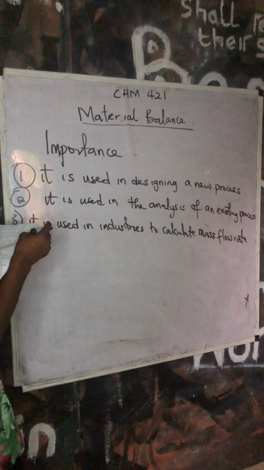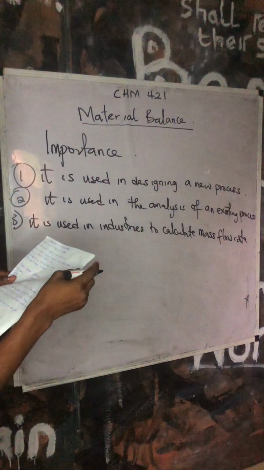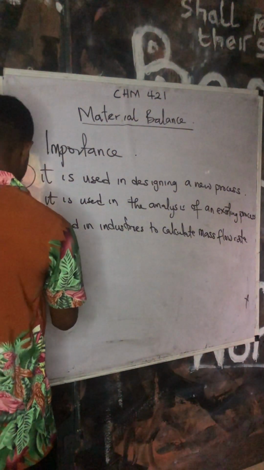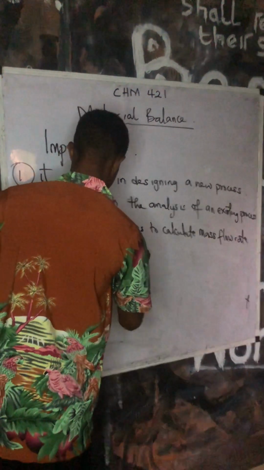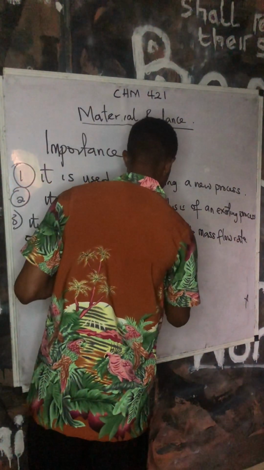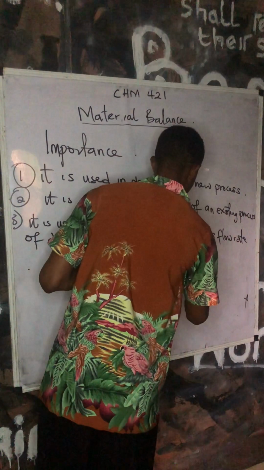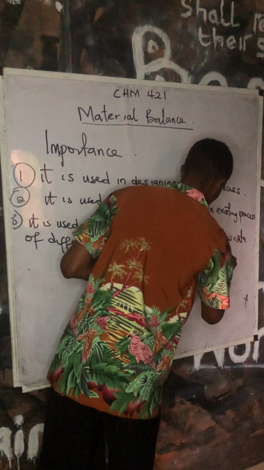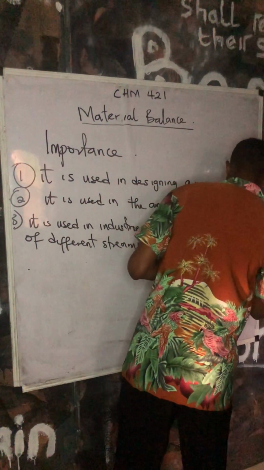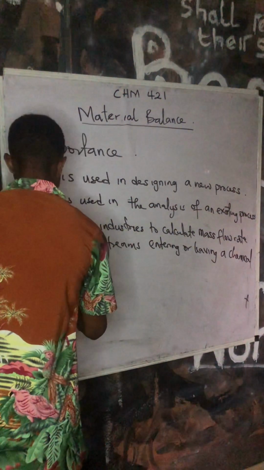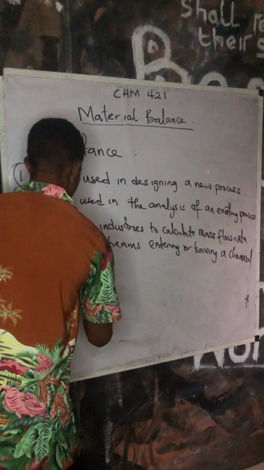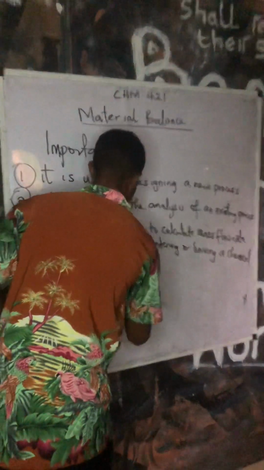So it is used in industries to calculate mass flow rate of different streams entering or leaving a chemical or physical process.